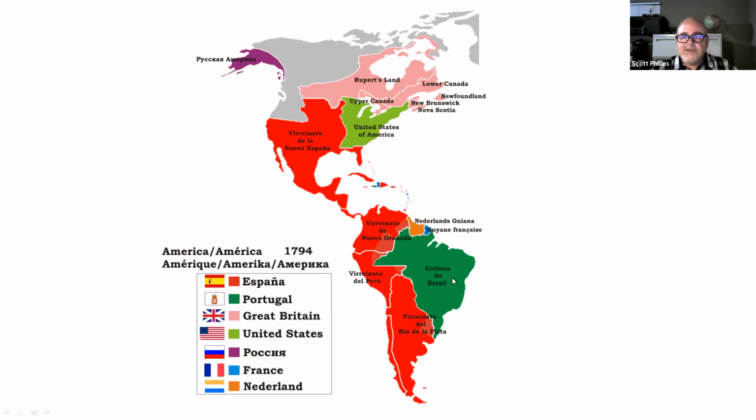Now, you had a large Portuguese presence in Brazil, but we'll talk more about that later. But for right now, I do want to highlight, you can see this is the British here, the French in Haiti, and then various other colors in the Lesser Antilles.